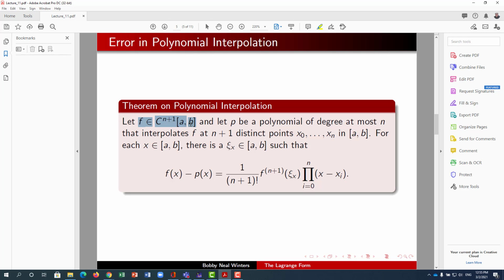That f being an element of the continuous functions, or functions with n+1 continuous derivatives on [a, b]. So basically it's a function that's just as good as you need it to be.